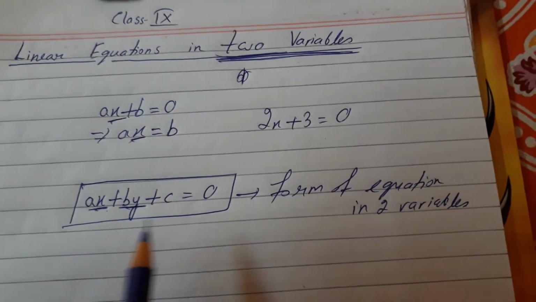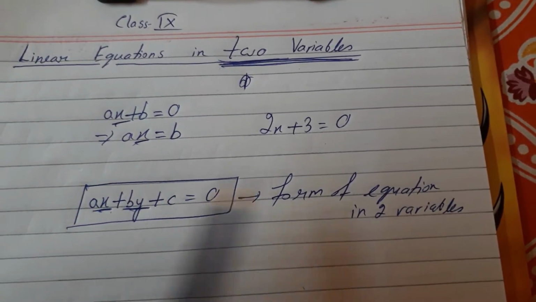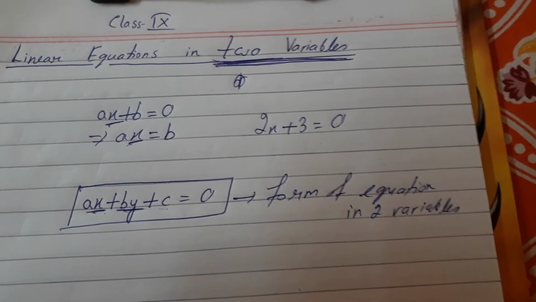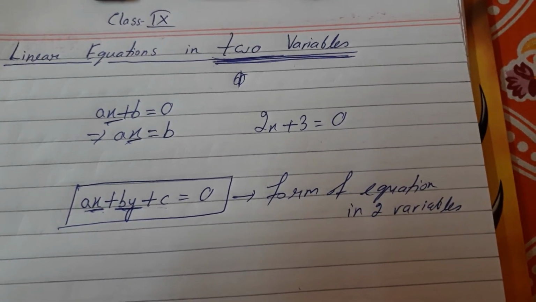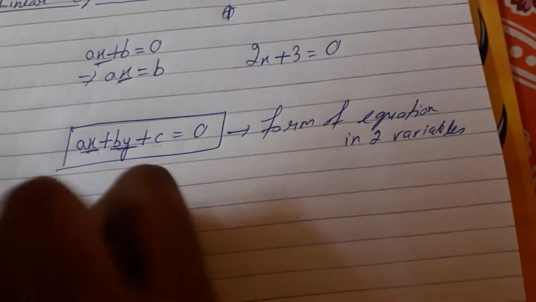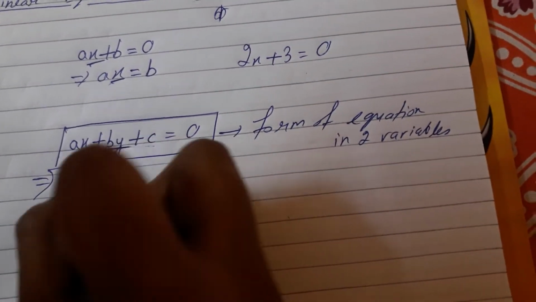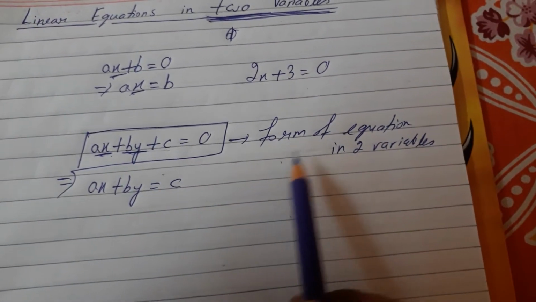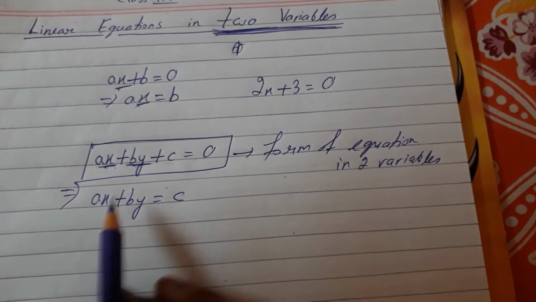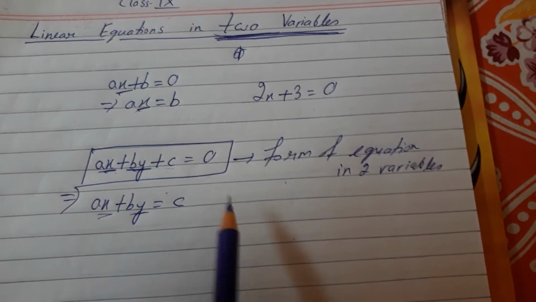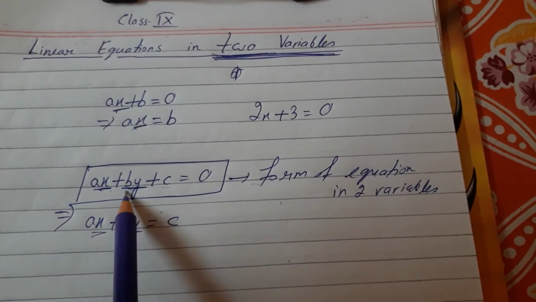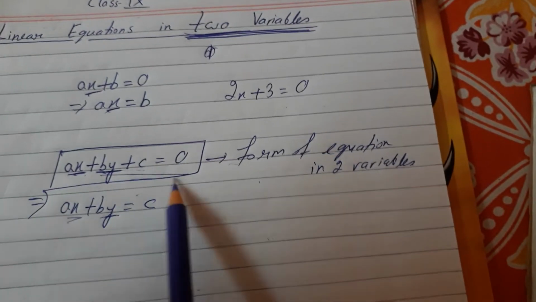Or it may become ax plus by equals c. This is the form of an equation in two variables, so this is the linear equation in two variables. You have to remember this form.